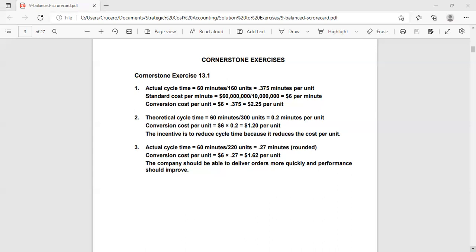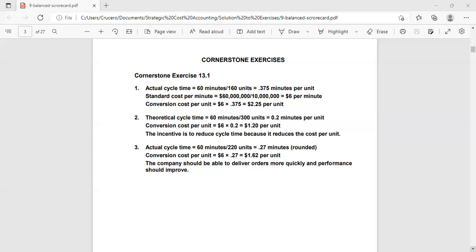Requirement number 2, calculate the ideal conversion cost per unit using theoretical cycle time and the standard cost per minute. What incentive exists for managers when cycle time costing is used? The theoretical cycle time is 60 minutes divided by 300 units, which is 0.2 minute per unit. Conversion cost per unit is $6 multiplied by 0.2, which is $1.20 per unit.